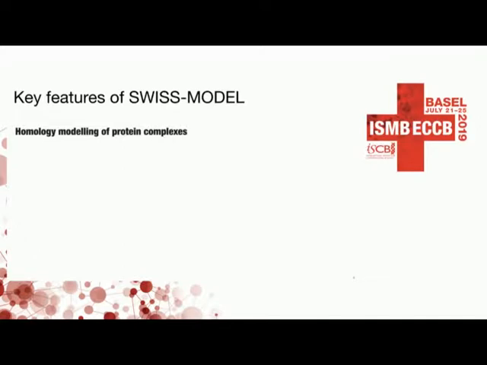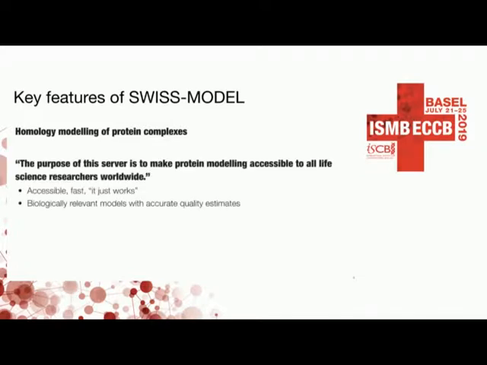So apart from being a homology modeling service, the second key feature that we write on our front page of the web page is that the purpose of the server is to make protein modeling accessible to all life science researchers worldwide. Sounds great. What we mean by that, with accessibility, meaning it should be free to use. There shouldn't be any licensing restrictions on the models that are produced, so you can do whatever you want with them.